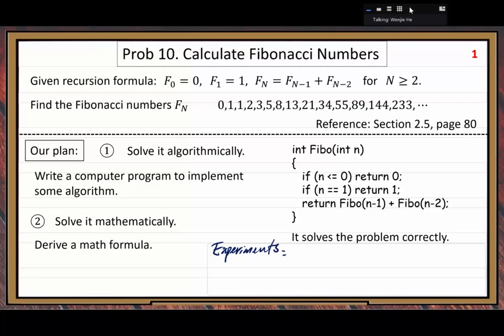If you apply this algorithm directly when you calculate F45, it should not be a large input number. The input number is 45, pretty small. But if you calculate using the brute force method, it's very slow.